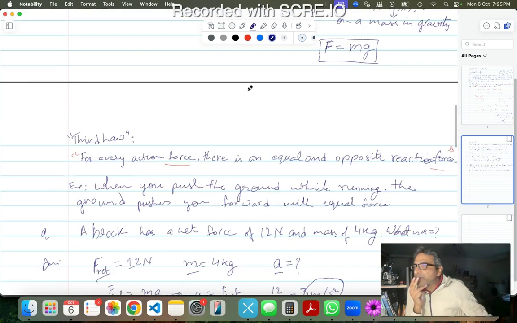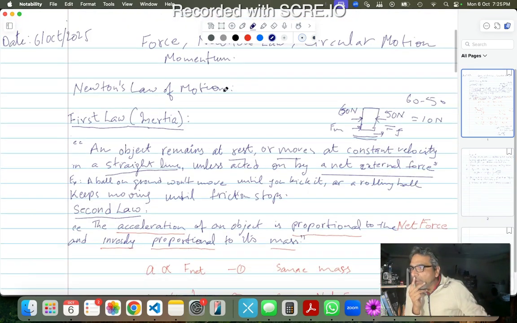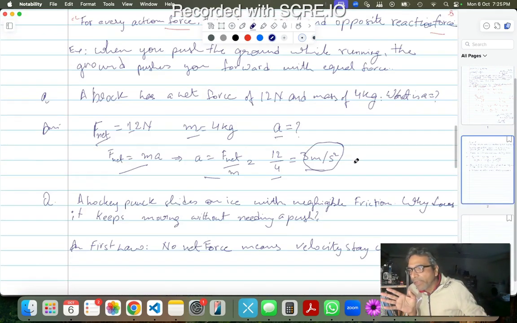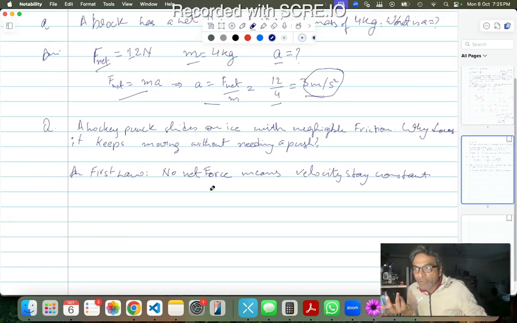You can write the same statement as well. You can state that an object stays at constant velocity in a straight line unless acted on by a net external force. If you remember, you can write it down. Or you can say because there is no net force, the velocity stays constant. All right. Second law, we have already done it.